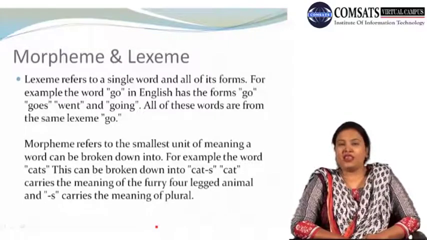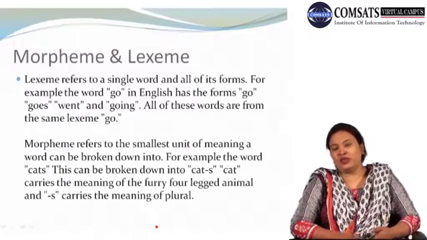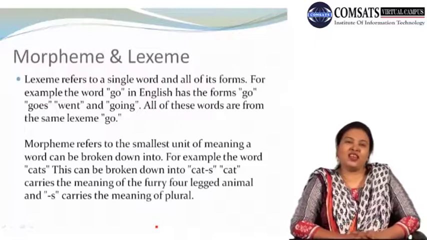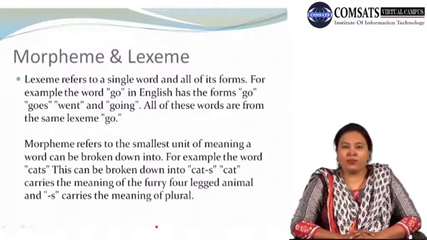For example, if I say go, we can have goes, we can have going, we can have went. So we can say that the lexeme is go, the words are goes, going, go, gone, went, and morphemes are further inside the words. So you can consider the lexeme at the top level.